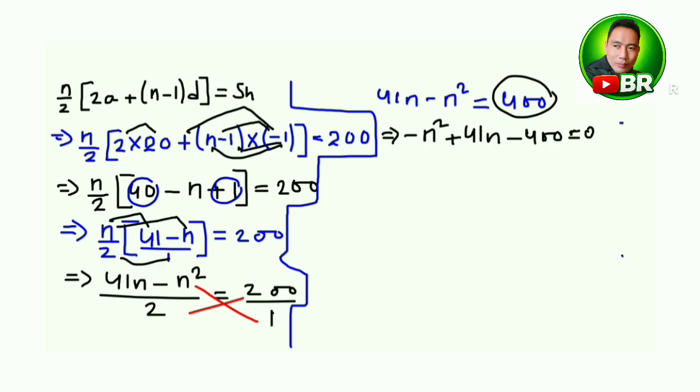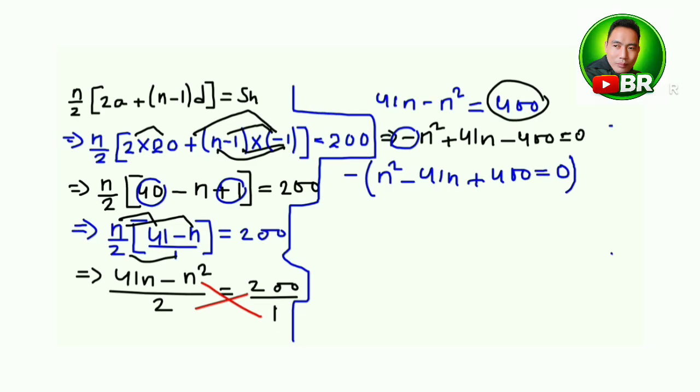To remove the minus sign, we can take minus as common, then we obtain a new equation: n square minus 41n plus 400 equal to 0.